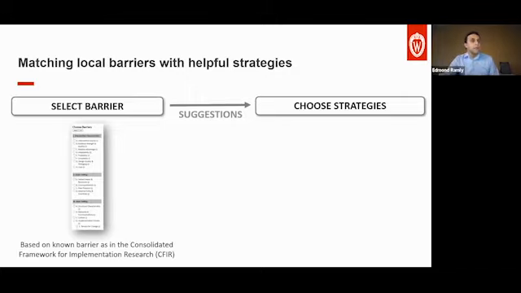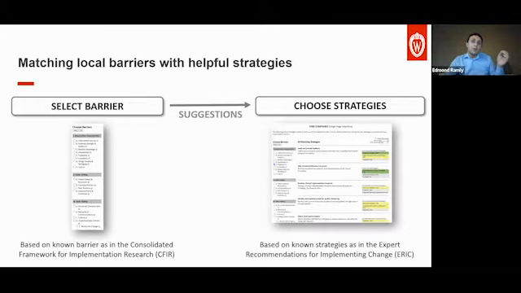So the Consolidated Framework for Implementation Research, CIFR, right now in its first iteration, the developers, Laura Domschroeder and her colleagues, are working on the CIFR 2.0, and once that comes out, we'll be putting that in Agile as well. And so essentially, we take this published compilation of barriers and put them in as a menu of options that a user can select from.